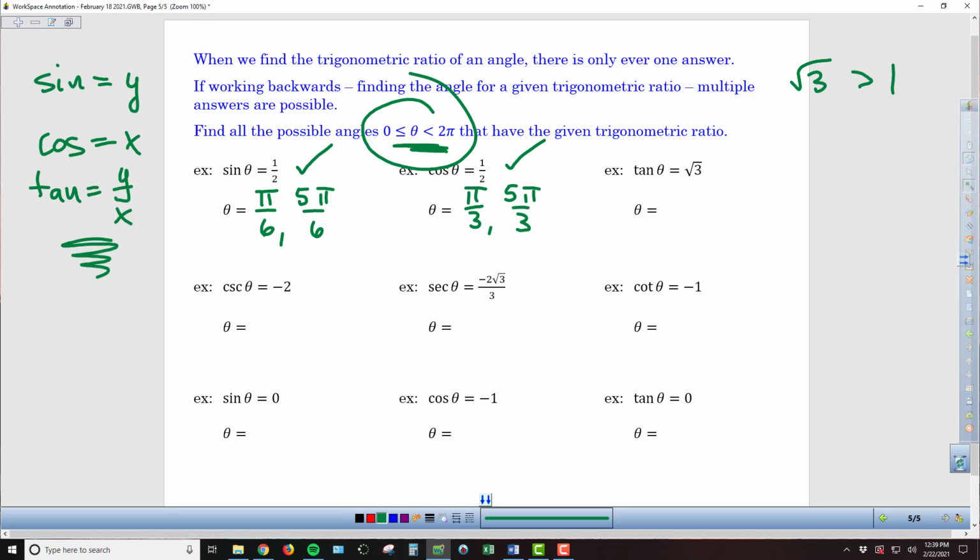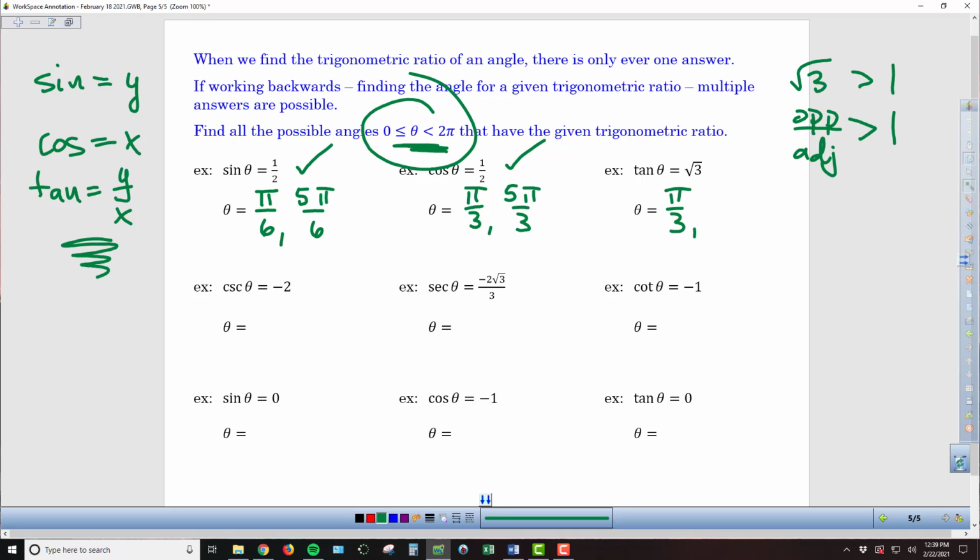So that means my opposite over adjacent is greater than 1, meaning that my y-coordinate has to be bigger than my x-coordinate. And so that's going to happen at 60 degrees or any angle that is coterminal with 60 degrees. So my answer for √3 being the tangent ratio is going to be pi over 3, so 60 degrees.